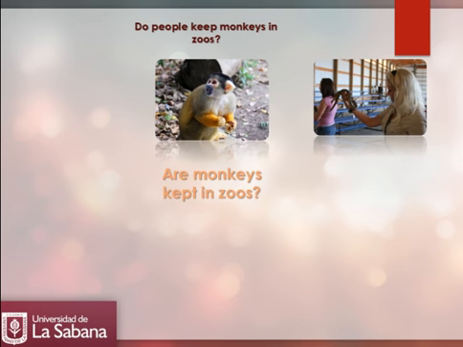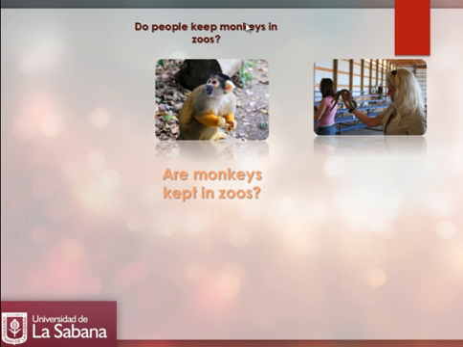As always, we start by finding the subject and the object of the active sentence and by identifying the main verb and its tense. So the subject of the active sentence is people, and the verb is to keep. And here it's in the present simple form, and the object is monkeys.